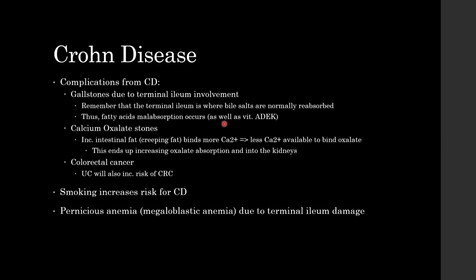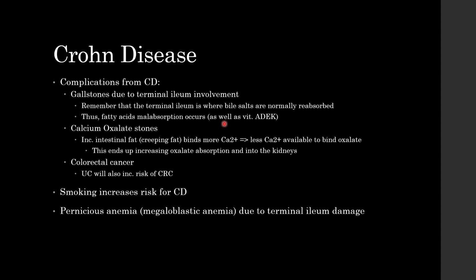So not only are you getting gallstones because your bile salts are not absorbed, you're getting fatty acid malabsorption, and you're also getting vitamin A, D, E, and K malabsorption as well. So this can cause a list of complications, which we're not going to really go over yet, but just know fatty acid malabsorption occurs because the terminal ileum most often has involvement with Crohn's disease.